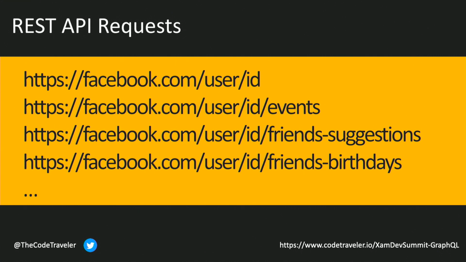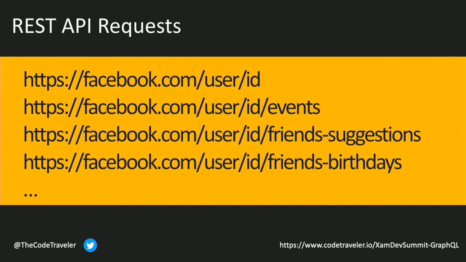But even once you make API calls to friend suggestions, that just returns back a list of IDs. So now it has to make even more API calls to that /user/ID to get that person's name and their profile picture. So you can quickly see how these API requests cascade, they multiply one into another, they're dependent on each other because you have to make one first, wait for that to come back, then make another one.